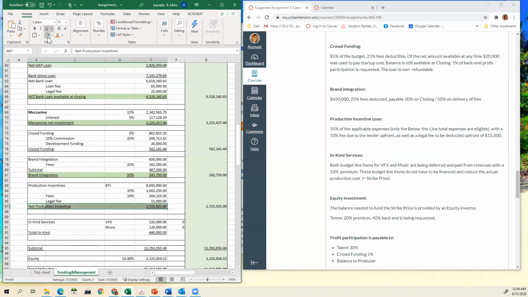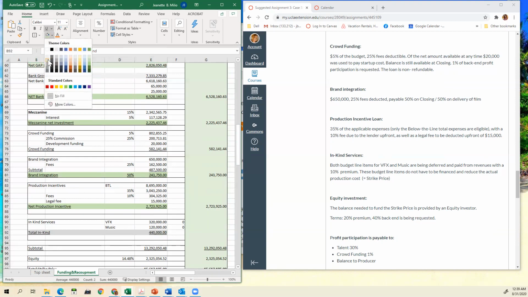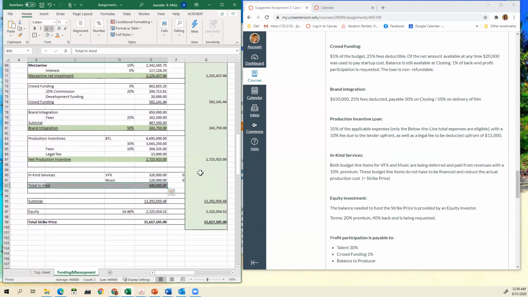This is money that we just got. In-kind services we worked on earlier. We're not going to get that because this is just a reduction. So I'm going to mark that gray, so you know you're not going to add that to your funding here because you're not going to have that. So if I add all the monies together that I have, let me make sure that we have all this.